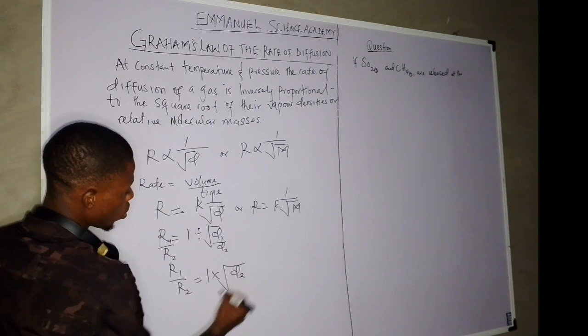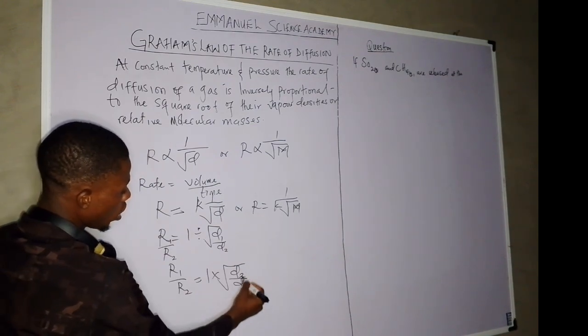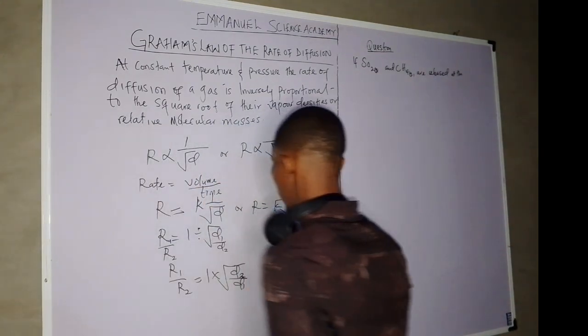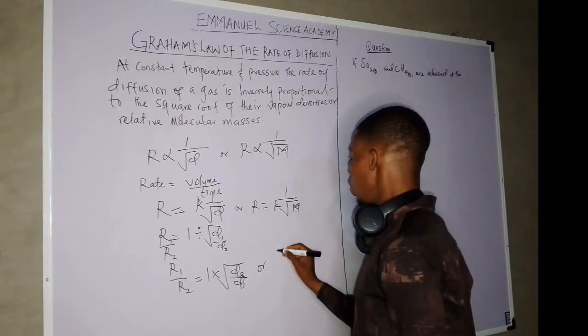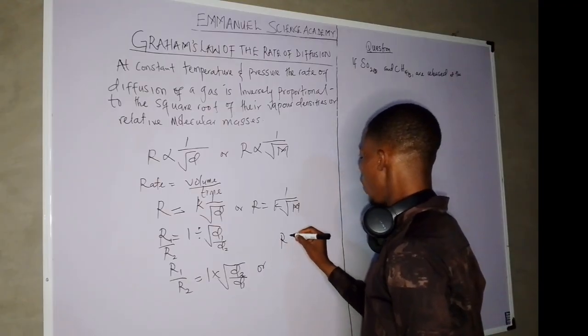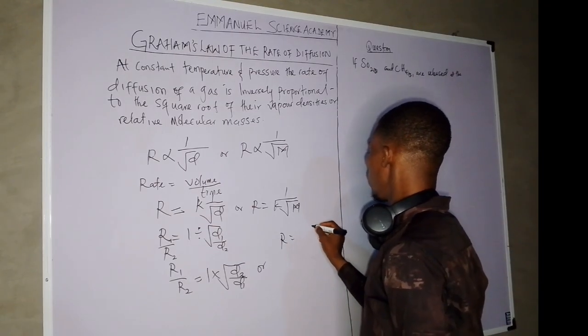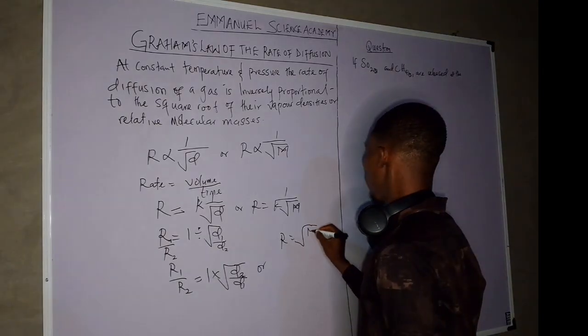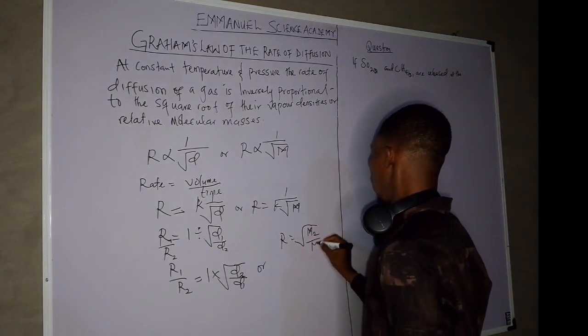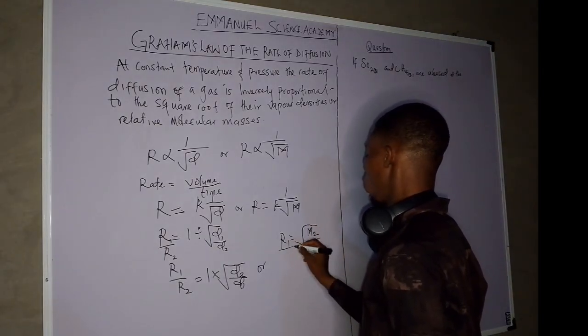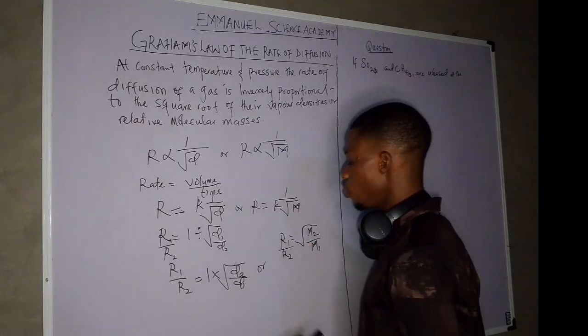So it is equal to D2 over D1. The same thing is applicable to this place. We can say R1 over R2 is equal to the square root of M2 over M1.